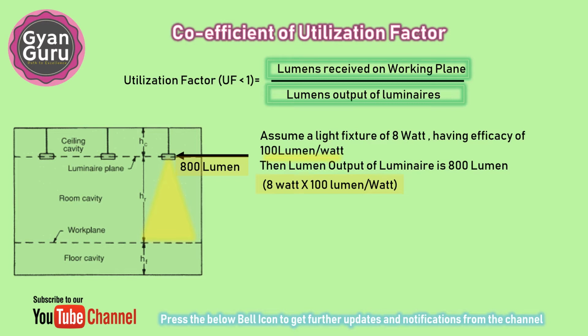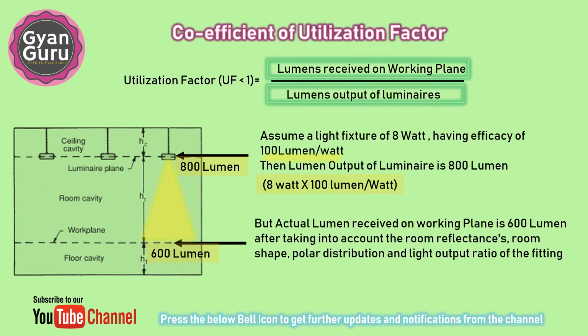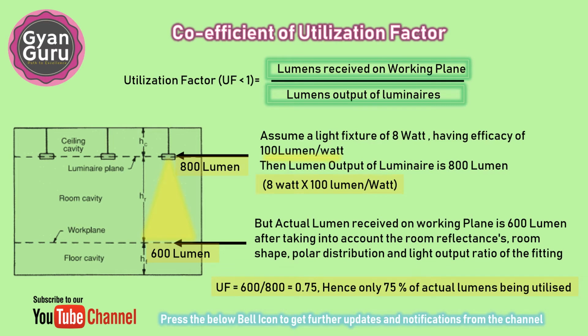The lumen output becomes 600 upon falling on the working plane, after taking into account the room reflectance, room shape, polar distribution and light output ratio of the fitting. Hence, the utilization factor in this example is 0.75. In other words, only 75% of the luminous flux reached the working plane.